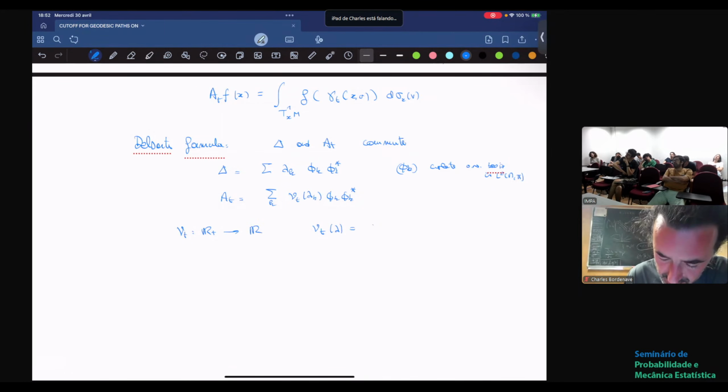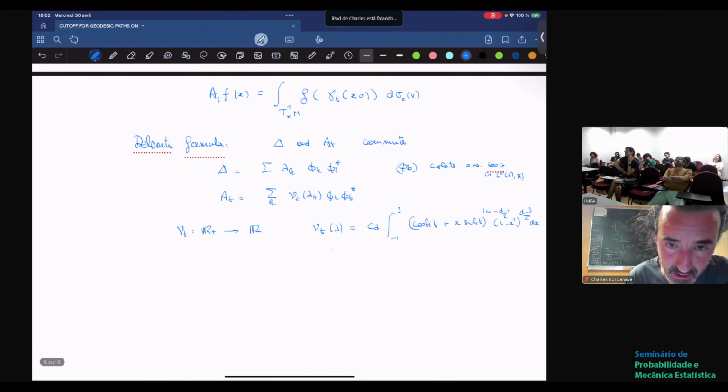We know that nu_t(lambda) is some explicit constant C_d, which depends only on d, times the integral over the interval of some cosh(t) plus x sinh, to the power minus (d minus 1) over 2, times (1 minus x squared)^((d minus 3)/2) dx, where I have written lambda as sigma_d plus u squared, and u is either a positive number or a purely imaginary complex number.